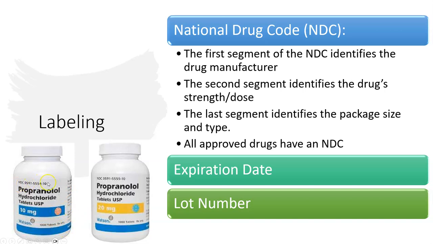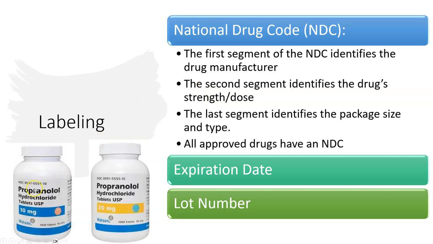If we look at the NDC number, the first part, because this is Watson, they both have 0591. Don't ever worry about memorizing these. Manufacturers change NDC numbers, but it's built into the barcode. That's part of that barcode technology, that safety component. The second part identifies the drug, the dose form, and the strength of the drug.